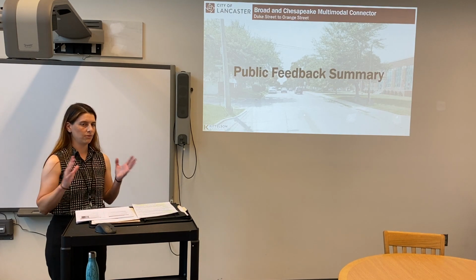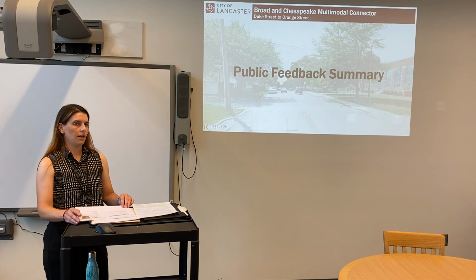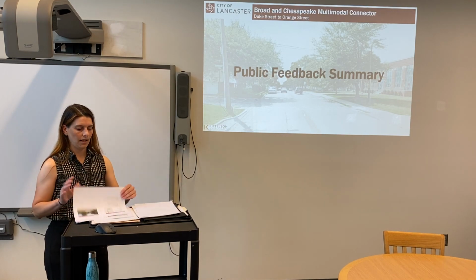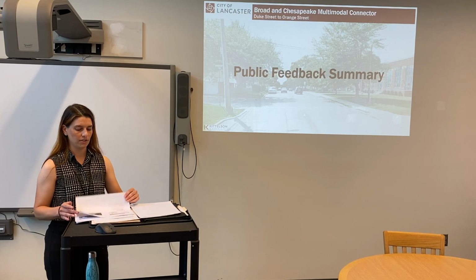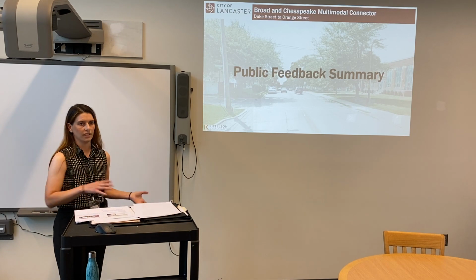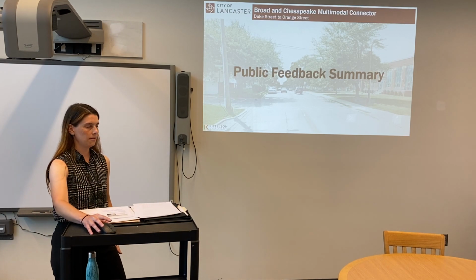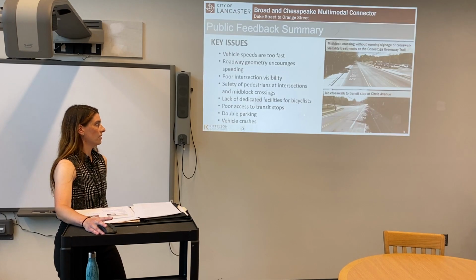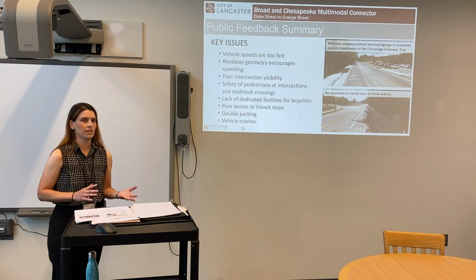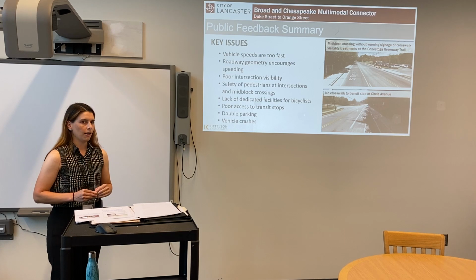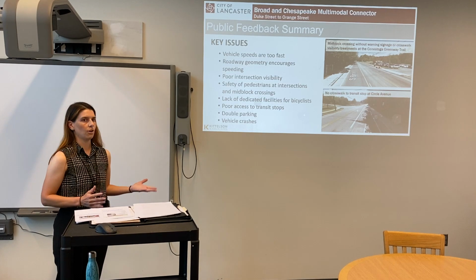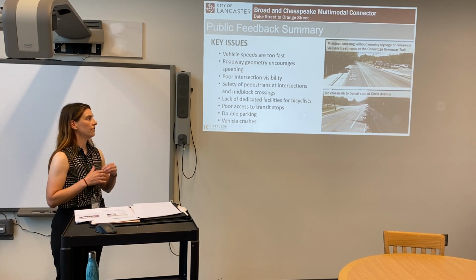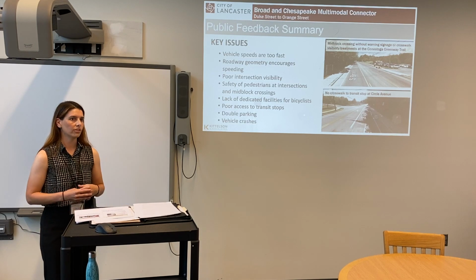We're going to now dive into some of the public feedback before we talk through how we have incorporated that into the design. Just wanted to touch on some of the key issues that we've heard. So as we saw with the speed data, vehicle speeds are too fast along this corridor.